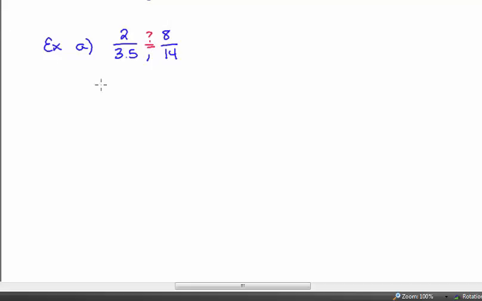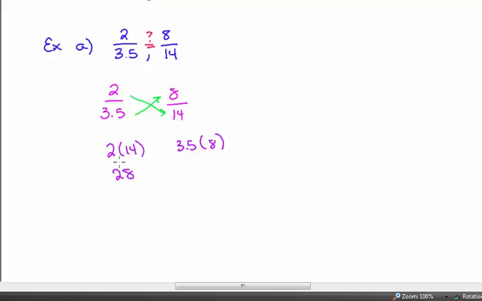So what I'm going to do is I'll rewrite them. I will cross multiply, which will give me 2 times 14 and 3.5 times 8. And 2 times 14 is 28, and 3.5 times 8 is also 28. So they are equal, so yes, they are a proportion.